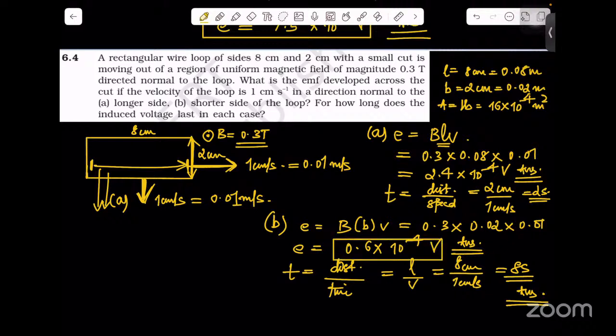This is the answer, this is the answer, and there's 2 seconds. Okay? Answer. Okay, so now moving on to the next question.